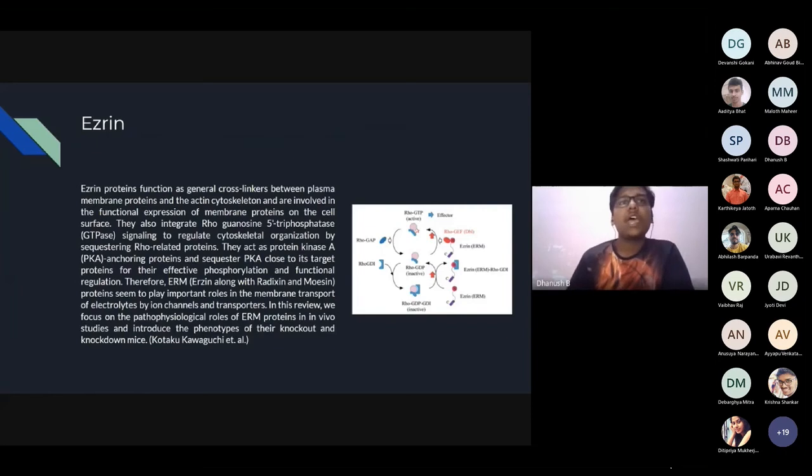These proteins act as kinase anchoring and sequester PKA close to its target proteins, and their effective phosphorylation and functional regulation. ERM proteins, that is ezrin, along with radixin and moesin, play an important role in membrane transport for electrolytes through ion channels and transporters.